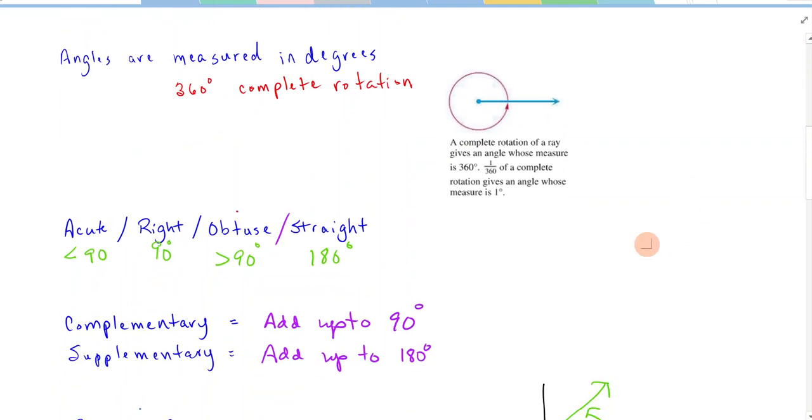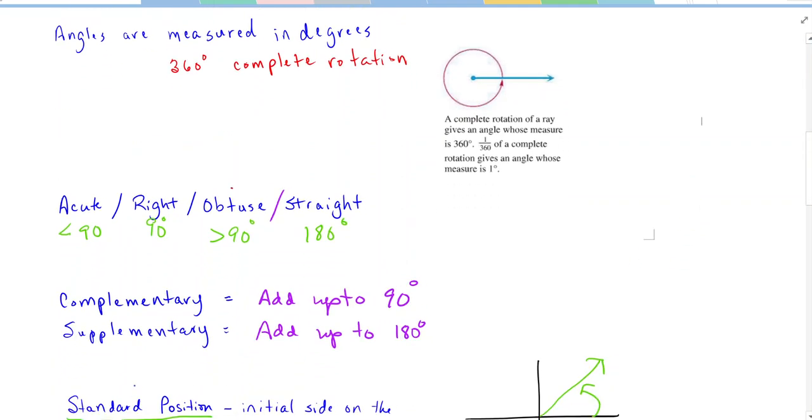Then we describe angles by their degree measure. If they are less than 90 degrees, they're acute. If they're exactly 90 degrees, they are right angles. If they're greater than 90 degrees, they are obtuse. And if it happens to be a straight line, that's 180 degrees.